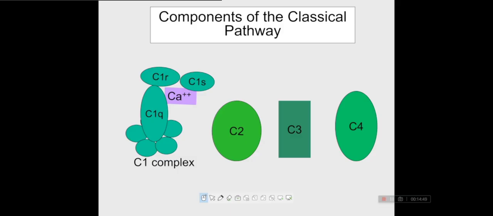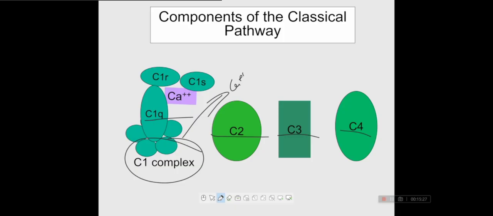Now we study the classical pathway. What are the components of the classical pathway? The components are C1, C2, C3 and C4. Clear? This is the C1 complex. Which ingredients are present in the C1 complex?